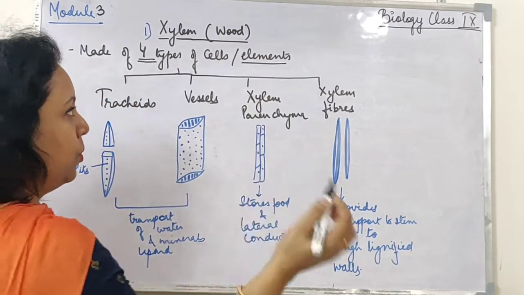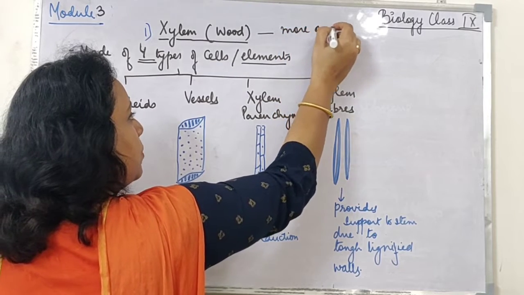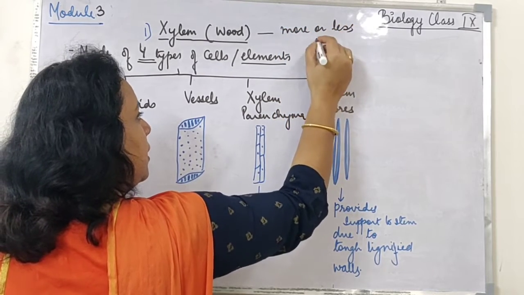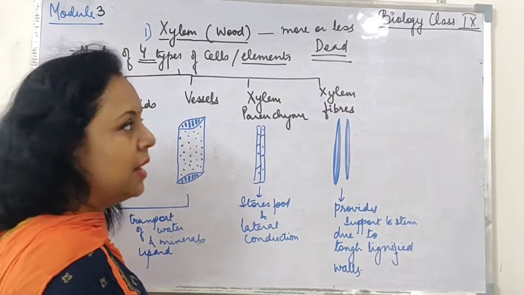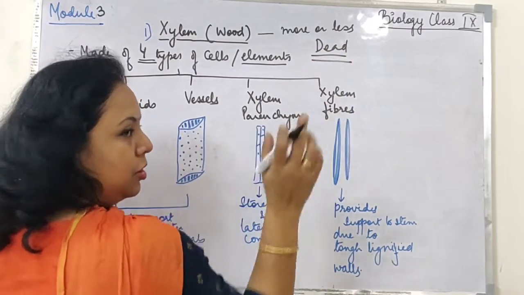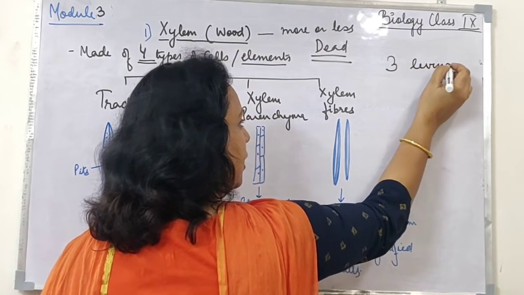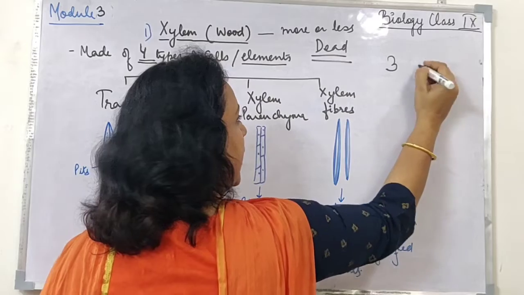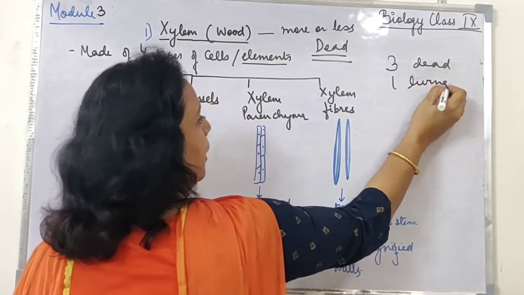Children, it is important to tell you that xylem is more or less a dead tissue, which means all the cells are dead except for just one. That means 3 types of cells are dead, and 1 is living.